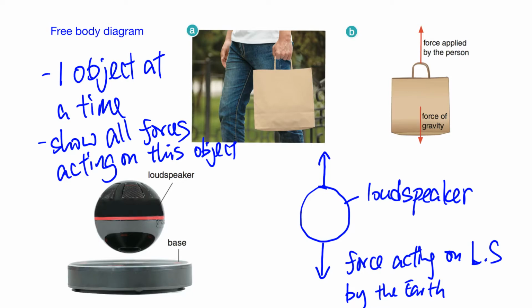I don't think so. If you have it pointing here, it's also okay. As long as the end of the arrow touches the loudspeaker, and the direction indicates the direction of the force. This time it is the magnetic force, going upward. So this will be the free body diagram of the loudspeaker.